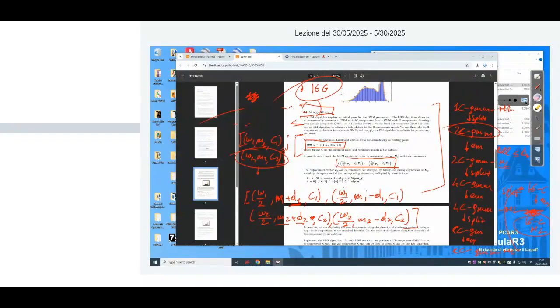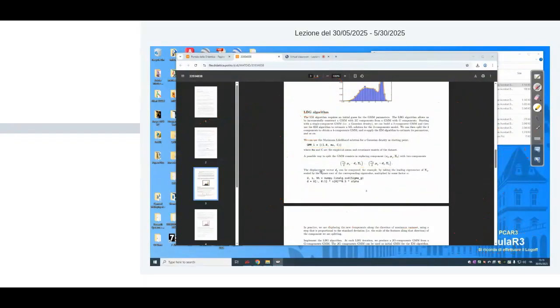How do we select the displacement? A reasonable thing to do is this: if we have one direction over which there is a large variance, it means that there is large variability in my data over that direction.